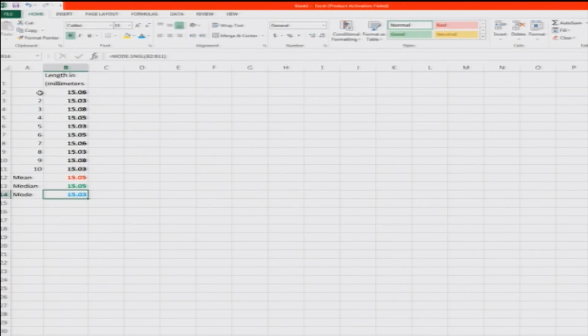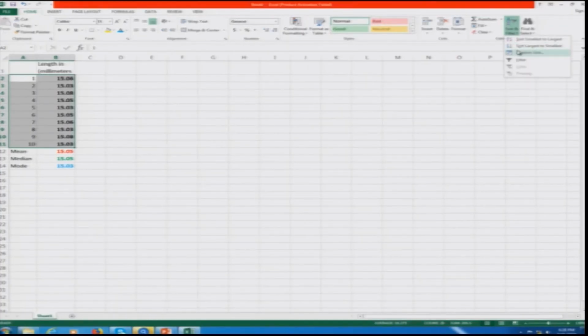Another way is, if we need to arrange this in ascending order, I can select these values and then go to sort and filter, sort from smallest to largest. Column A is already sorted from smallest to largest.